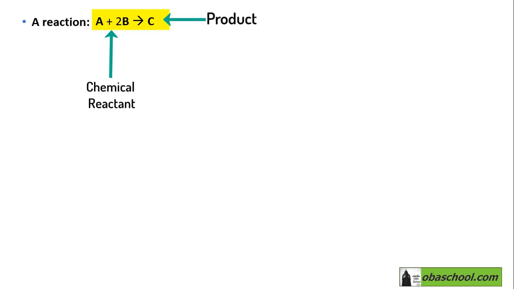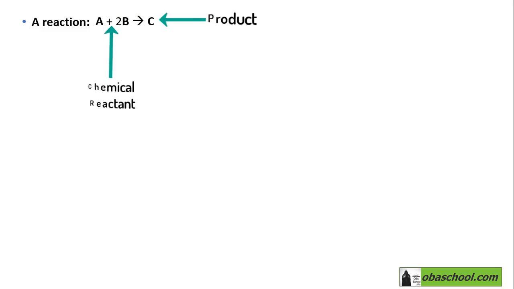So generally, imagine a reaction which is A plus 2B gives C, where A and B are chemicals that we allowed to react together, and they produced us a product like the ones we have seen now, like the plastics, the ink, the fibers.